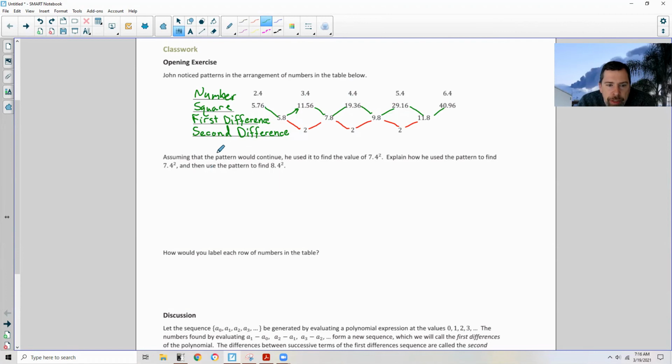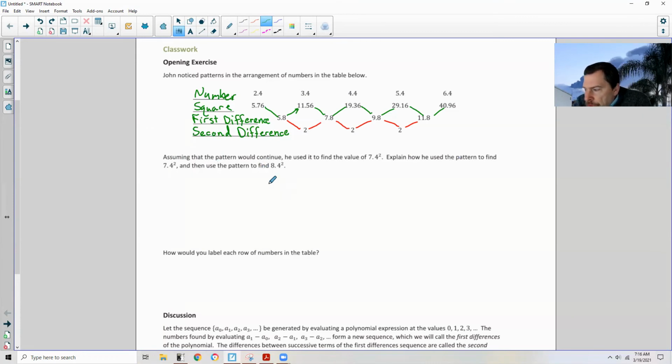And it says, assuming that the pattern would continue, he used it to find the value of 7.4 squared. Okay, explain how he used the pattern to find 7.4 squared and then use the pattern to find 8.4 squared.